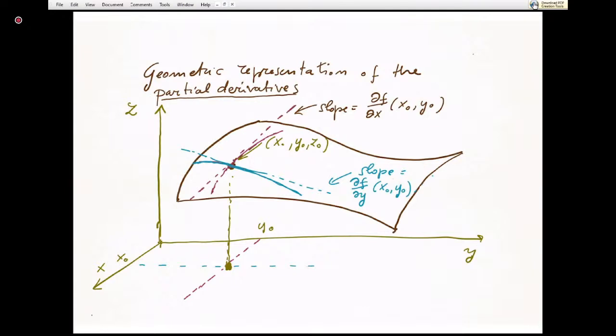Think, for instance, of a horse saddle. This is the part on the back of the horse, and this is the part on the sides. So it is concave in this direction, convex in this one. This is a saddle behavior along the transverse directions, something like this.